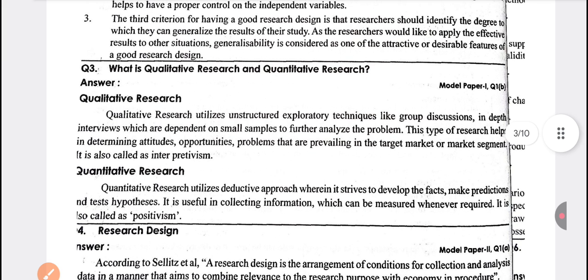Next, quantity, how many facts. For example, we have this much bundle of books of information, that is called quantitative research. In that quantitative, how much the quantity is, what is the quality of data you are having, that is important. How much data we have is important, and out of that data, how much quality of data is required for us, which is more needed for us, that is quality.